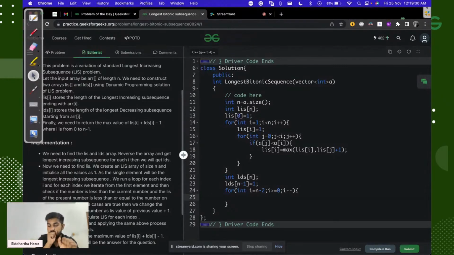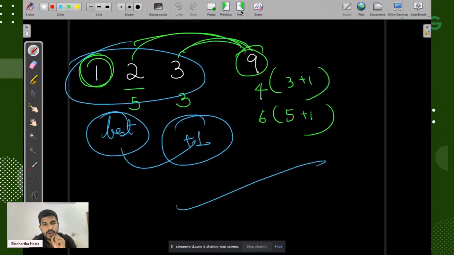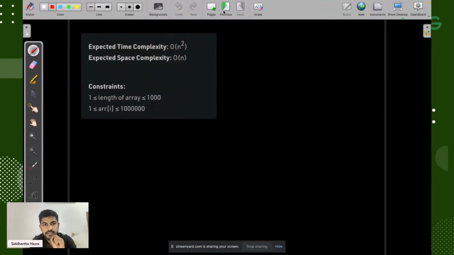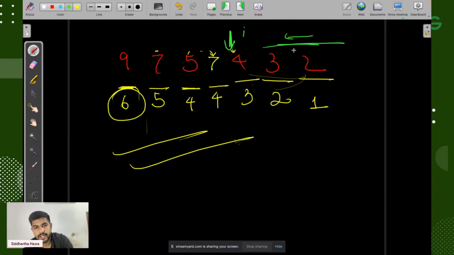Now the thing is, just see it. This is just like finding the longest increasing subsequence, if you just see it from the back. We would start from the back. So suppose we are standing at this point, this is equal to i. So j would be what? j would be n minus 1, up to this point.